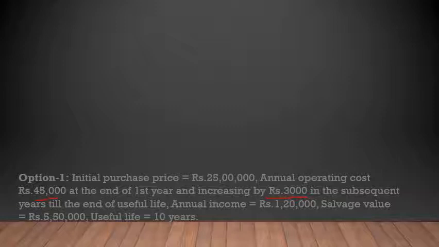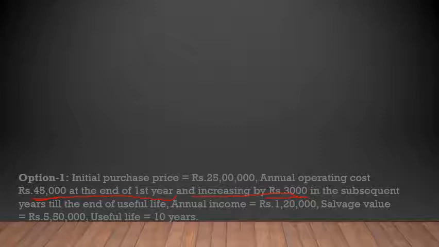You need to be a bit careful here. This has 2 cash components associated with it. It has a cash component of 45,000 at the end of first year that increases by rupees 3,000 in the subsequent years till the end of the useful life. What does that mean? It is not just A. It is an arithmetic gradient.